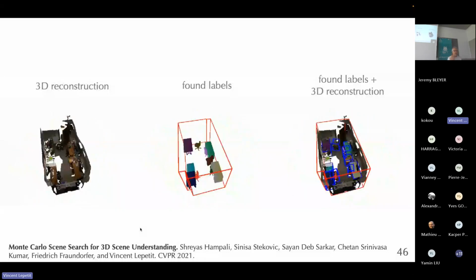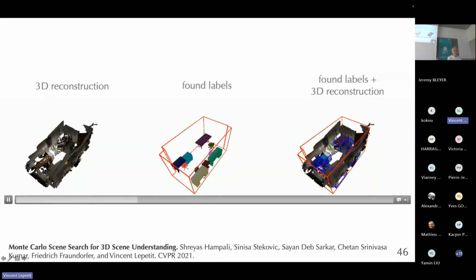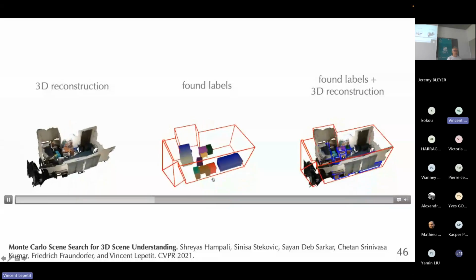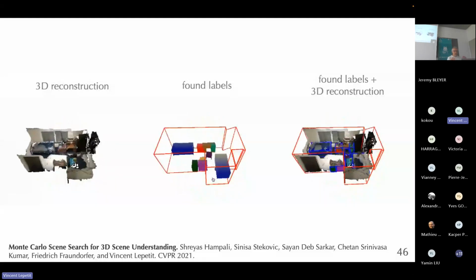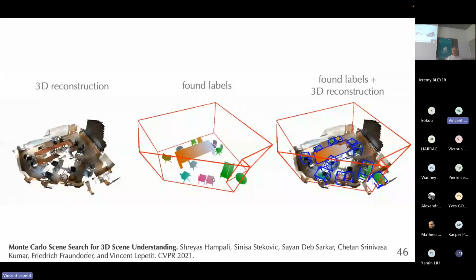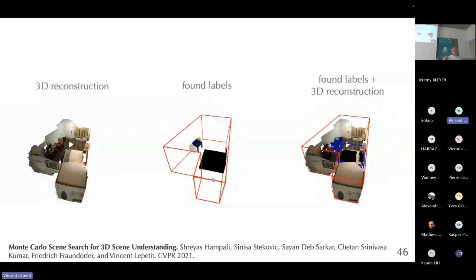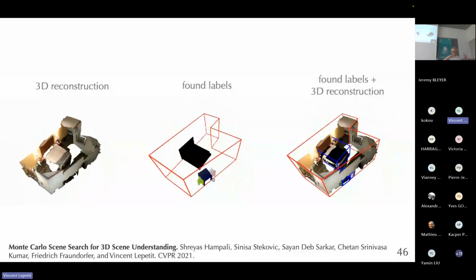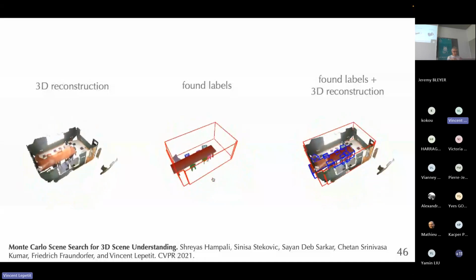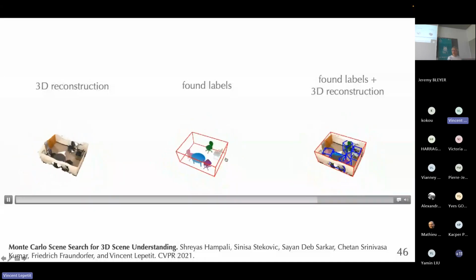The input to our system is a scan, a 3D reconstruction that looks like that. Here we detect where the objects are in the scene, and we put a 3D model that corresponds more or less to the object that is in the scene. We do the same for the walls of the scene, which is what you see in red.